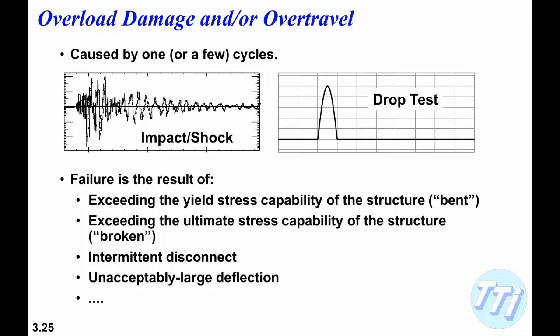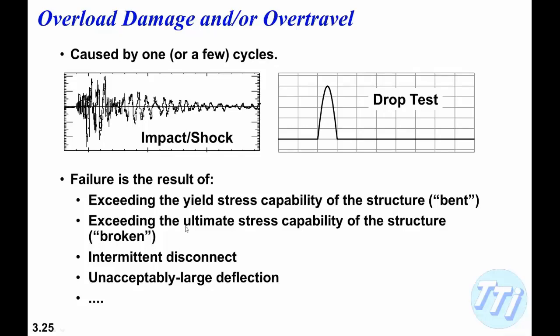Overload damage is caused by one or a few cycles, shock testing. We might have an impact test or a drop test that stresses the specimen with a time history that looks like this. Failure is exceeding the yield stress capability of the structure, and if that's the case, it's bent.